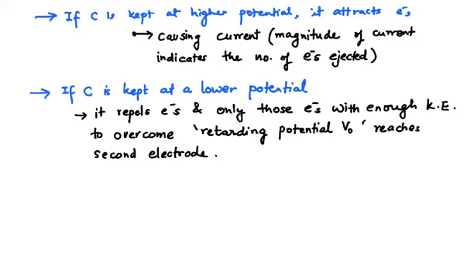Now, if we keep on increasing the retarding potential, the current will eventually drop until at a certain stopping potential Vs, all current ceases, and thus at that point the kinetic energy will be maximum.